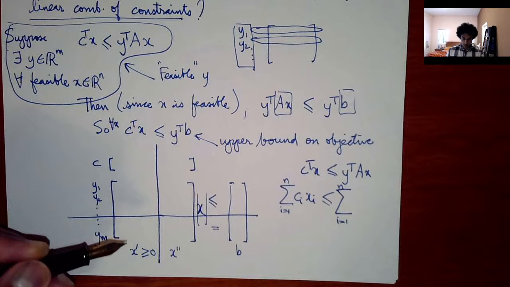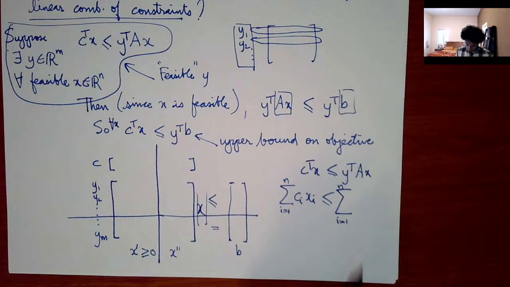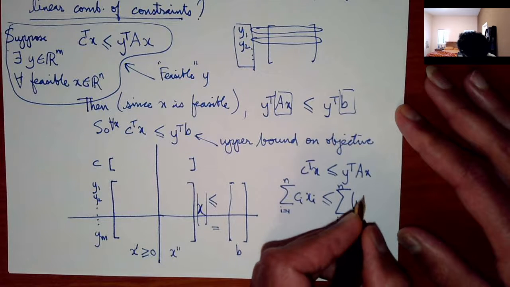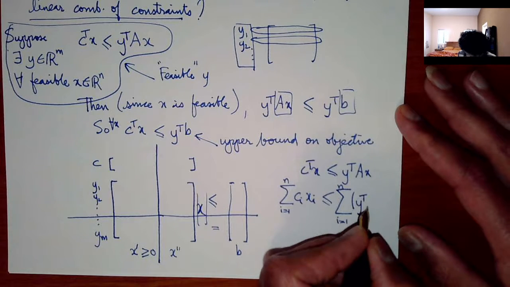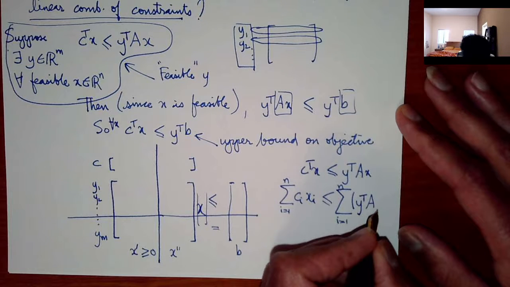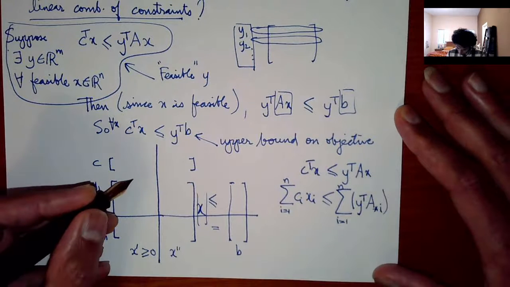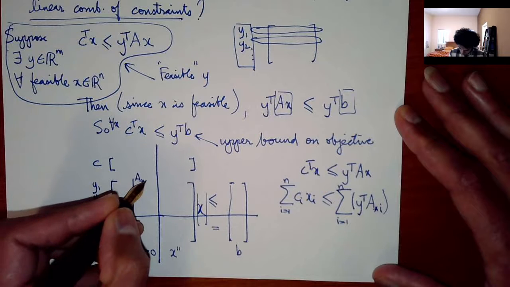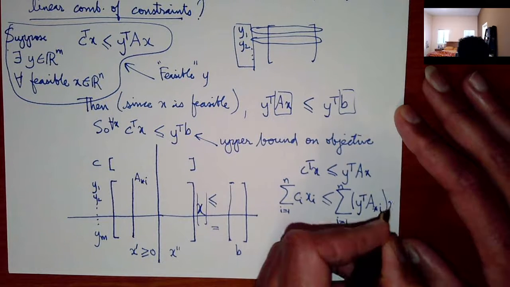So I'll write it as y transpose A star i, that's the ith column, times xi.